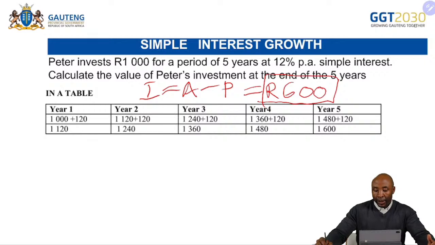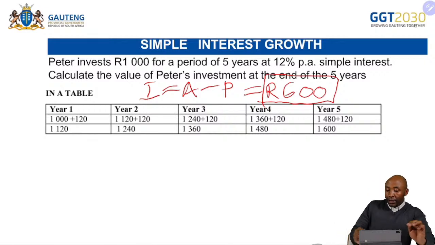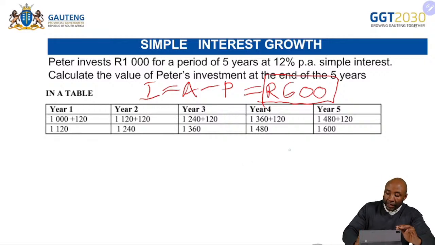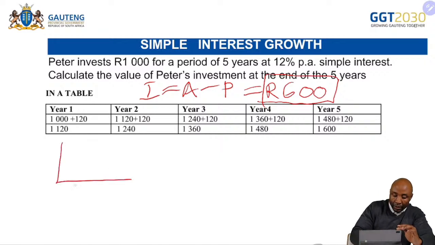Now, if I look at this, we are able to plot, for example, a graph, year 1 versus year 2 versus the amount that is in the account, and you will realize that when you plot a graph for this one, it will give you a straight line graph like that.